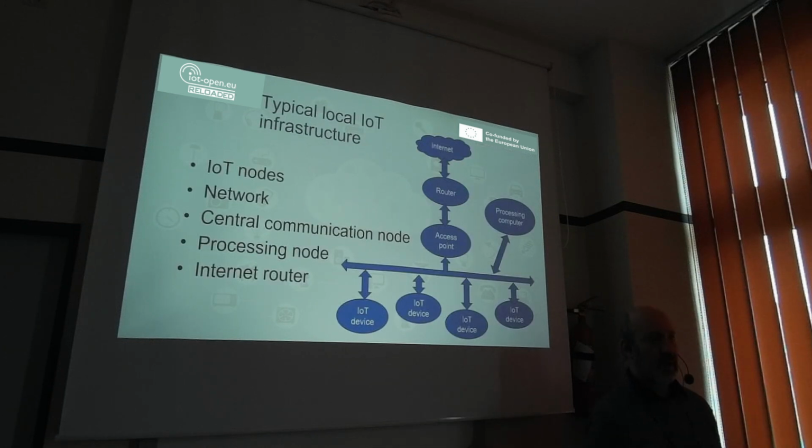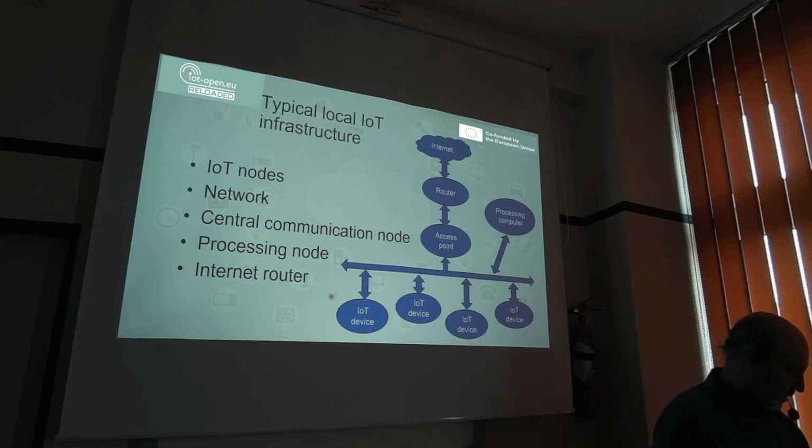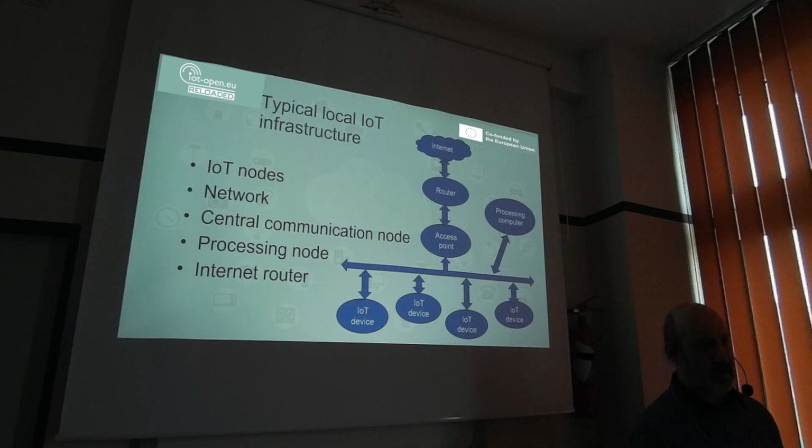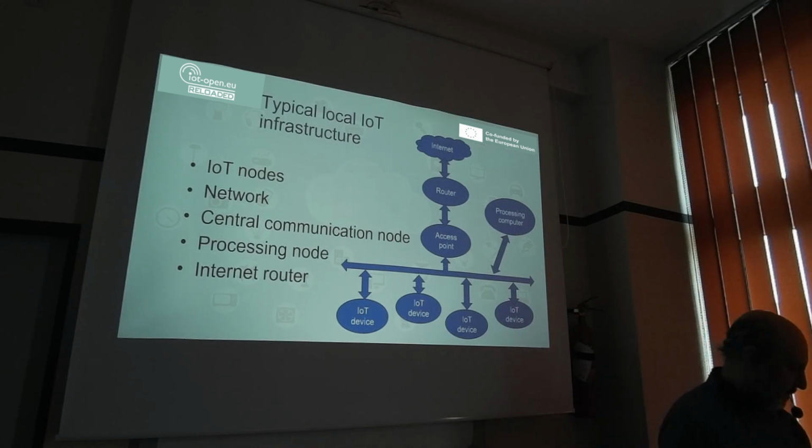A typical local IoT network infrastructure can look like this. Here we have a set of IoT devices, as I said, rather small constrained devices that generate some data like sensors, or that can control some elements like actuators.